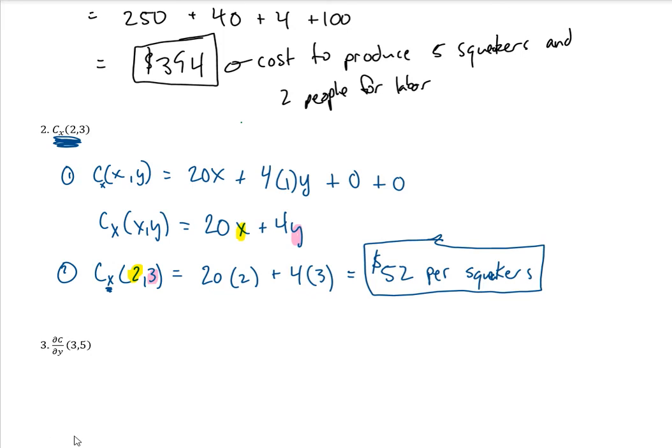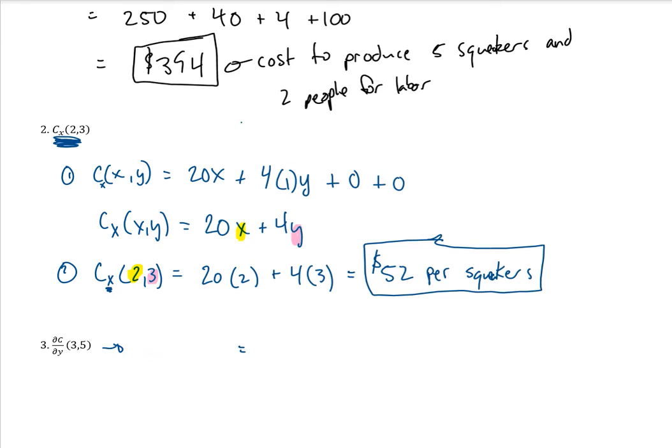And then in number 3, they wrote it in a different form. This is del c del y, which is really saying find the derivative of your cost function with respect to y. You could change it if you don't like this notation. Let me go to green actually, since that's what I've been doing with these types of problems.